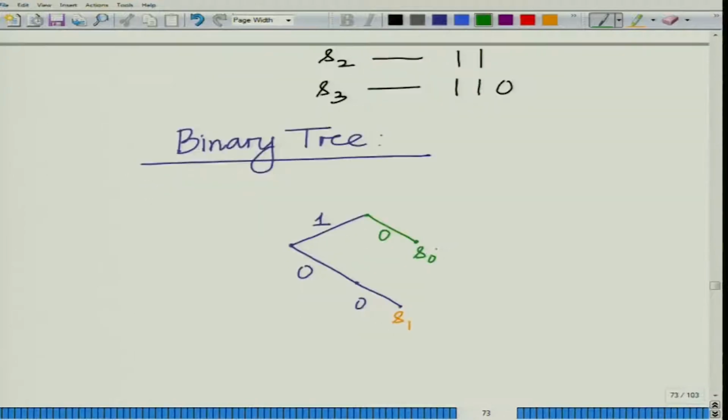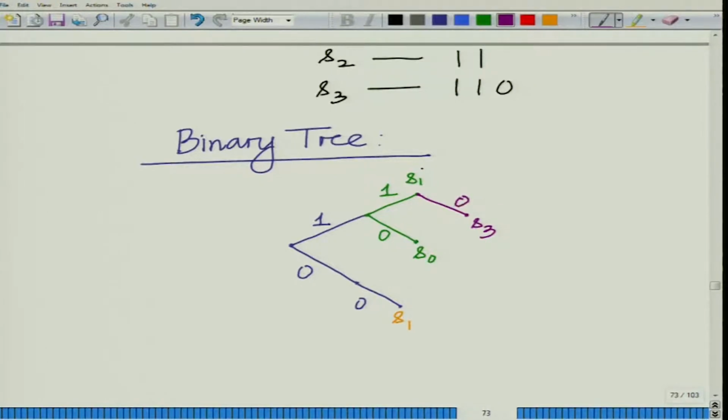S2 is 1 1. So you go 1 and again take the branch above, that is 1. So this is S2, and S3 would be 1 1 and then a further 0, so S3 would be 1 1 0.